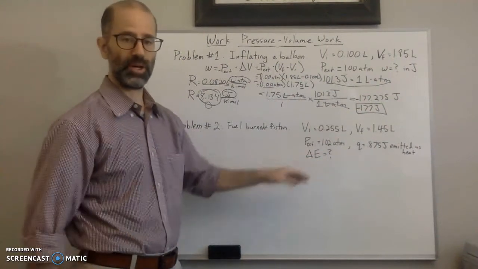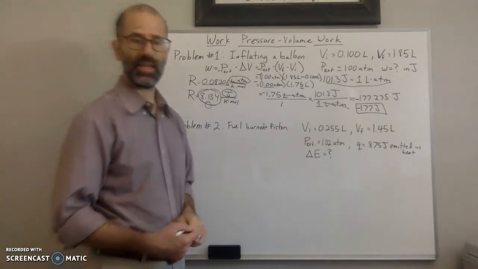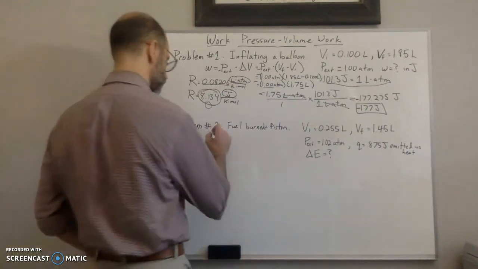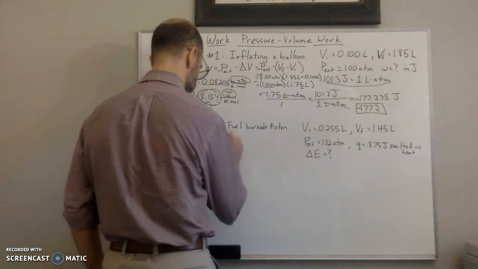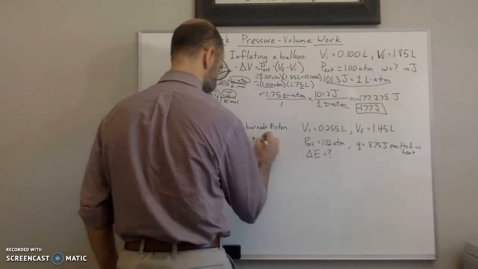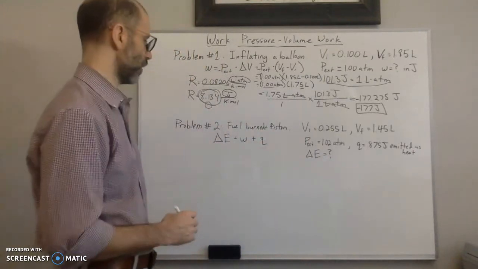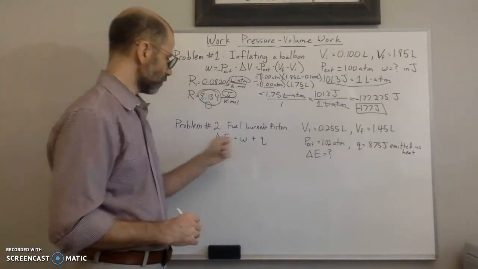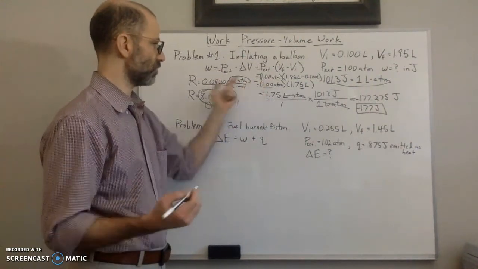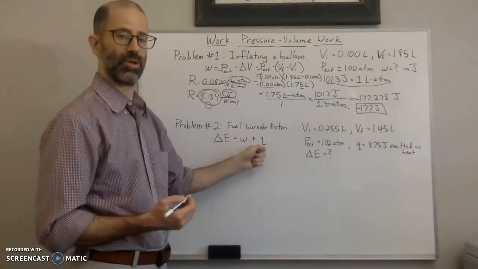So we got to go back to our equation for the change in internal energy. And remember, the change in internal energy is equal to work plus heat, right? So in the previous problem, there was no heat involved, so Q was 0.